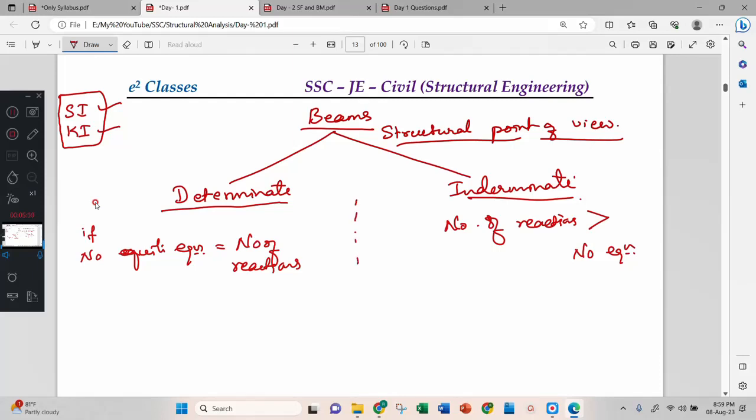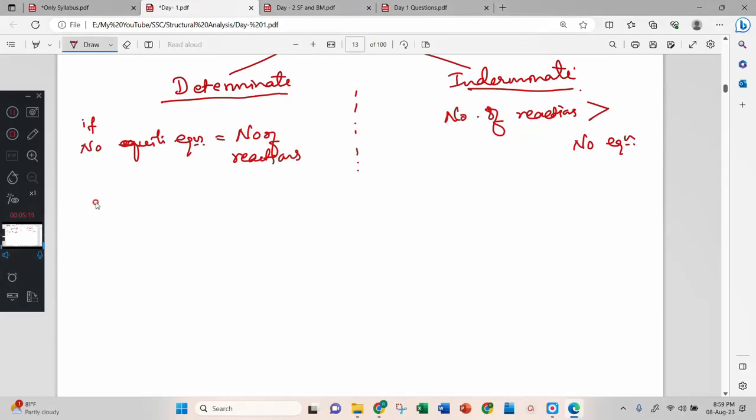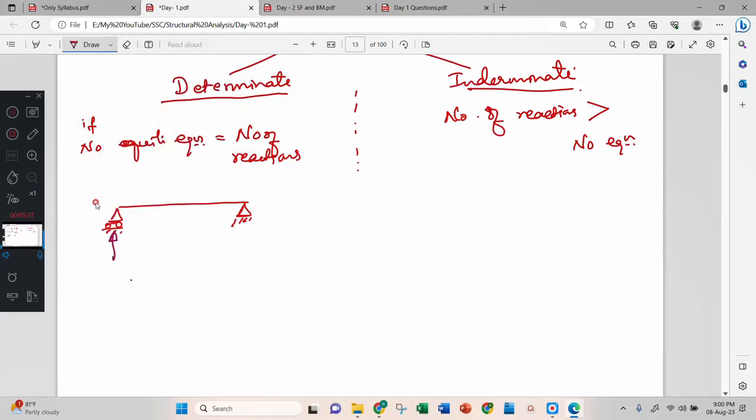If you are a B.E. student, you will understand it. One example I will show you: for a simply supported beam, how many reactions are there? We have one reaction here and one reaction here, and another reaction here. 1, 2, and 3. Therefore, reactions are 3.